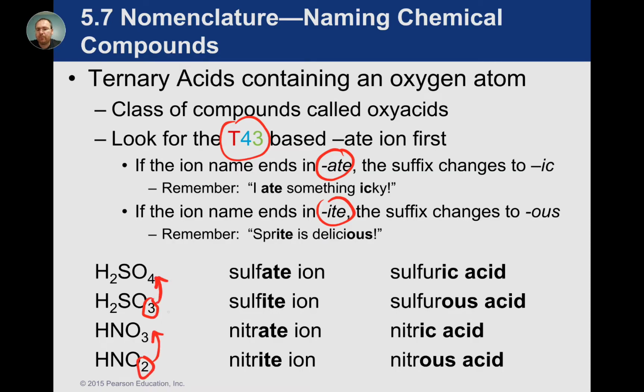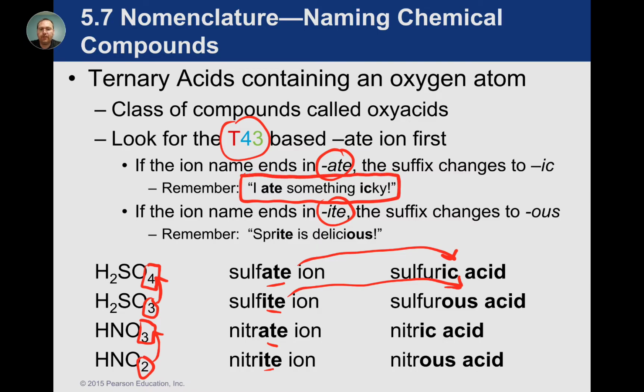Always look for that higher number of oxygens to be an ate, and the lower number of oxygens to be an ite, and that's still a huge clue on how to name these compounds. In these compounds, ate becomes ic, and ite becomes ous, and that's really the only pattern to show you. A fun way to remember it would be, I ate something icky.